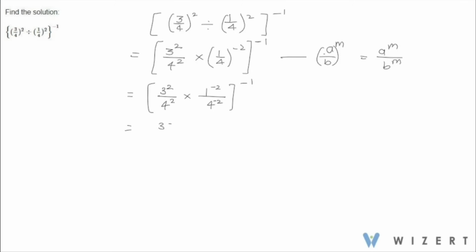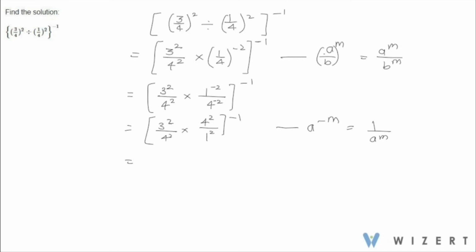This is 3^2 by 4^2 multiplied by 4^2 by 1^2. So since they are negative exponents, we have to write the reciprocals of the numbers, since a^-m is equal to 1 upon a^m, and all of this is raised to the power minus 1.